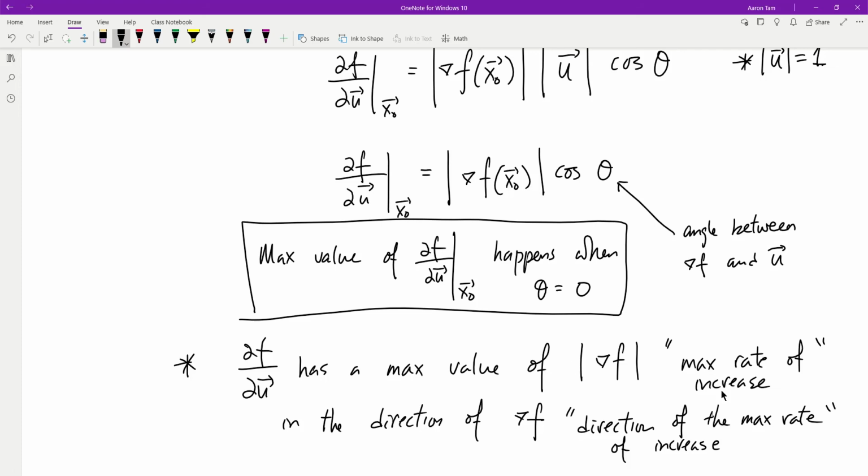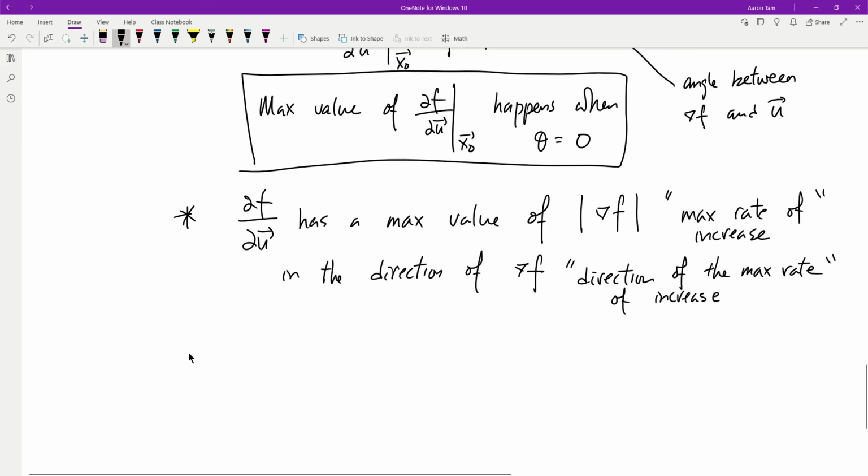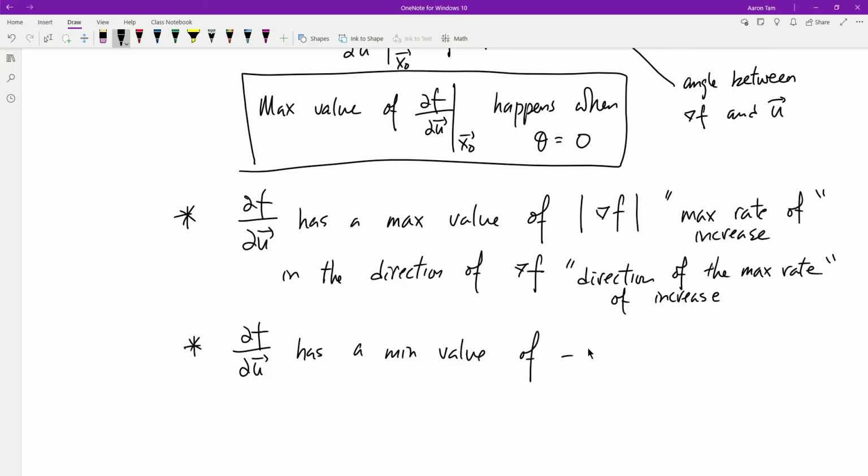Now, one last thing, and that's it for today's video. What if we want the least amount of increase, or actually, I probably shouldn't say that, I should say this. This function has a maximum rate of decrease, with minimum value of negative length of gradient of f.